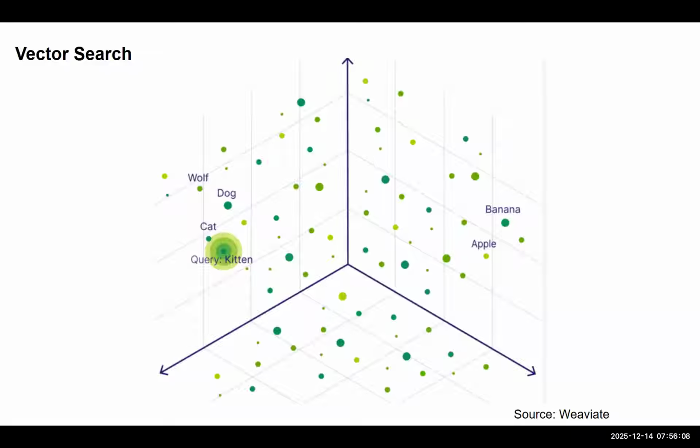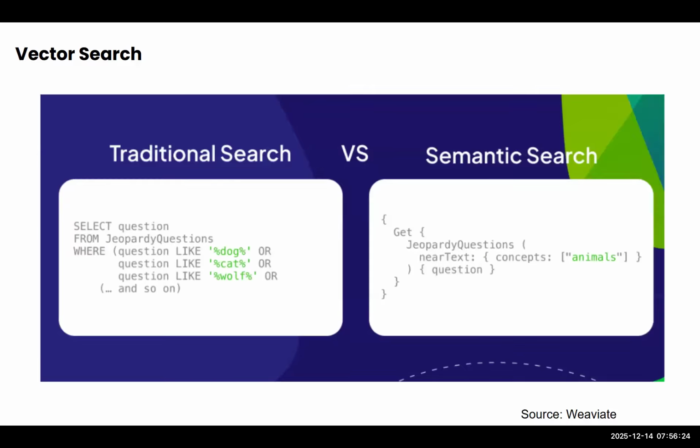By context or by training of the embedding model, where it has seen "animal" closest to cat, dog, and wolf, the nearest neighbors will be these ones, not apple or banana. So that's how the semantic search works. It is easier to search by meaning, by context, rather than by the exact text that you need.